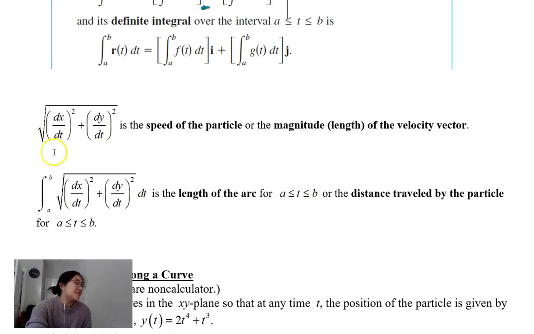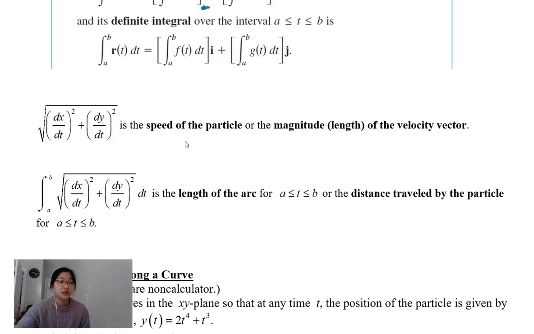So if you're looking at the magnitude of the velocity vector, right, because dx/dt and dy/dt are the rates of change in the horizontal and vertical direction, then if you square those, sum them, and take the root, you're getting the speed, because it's the magnitude of your velocity vector.